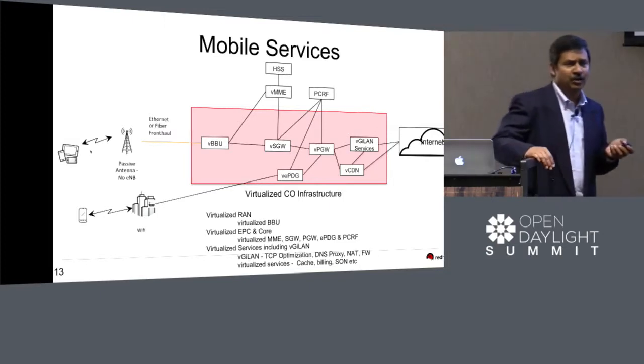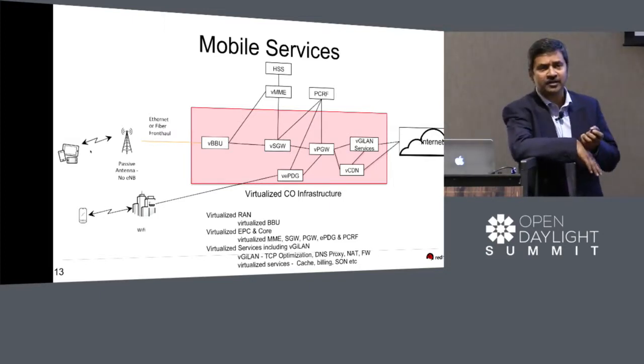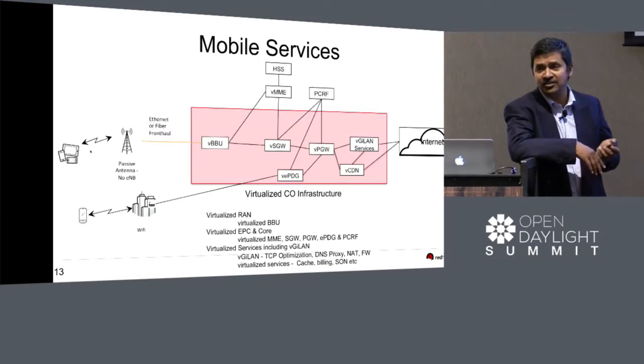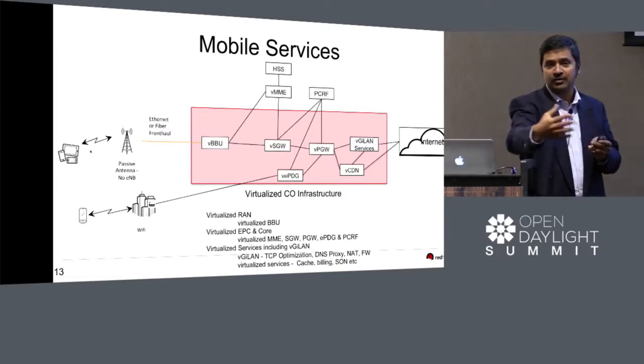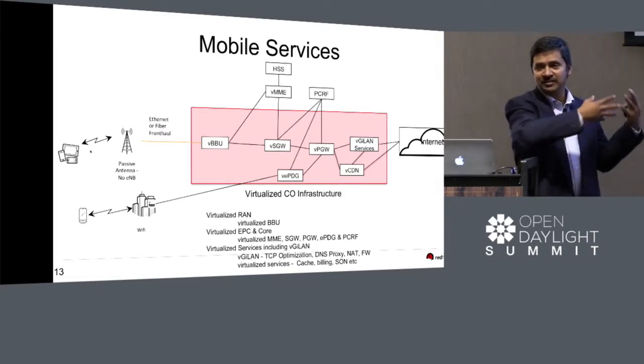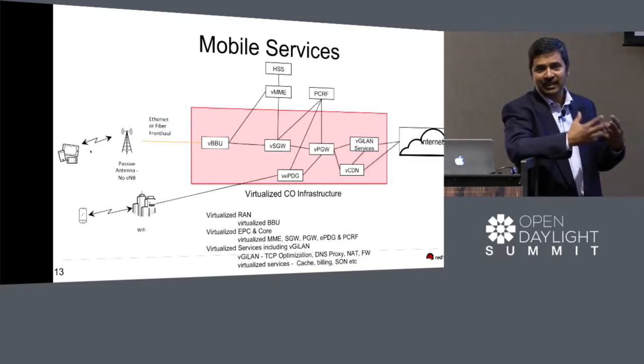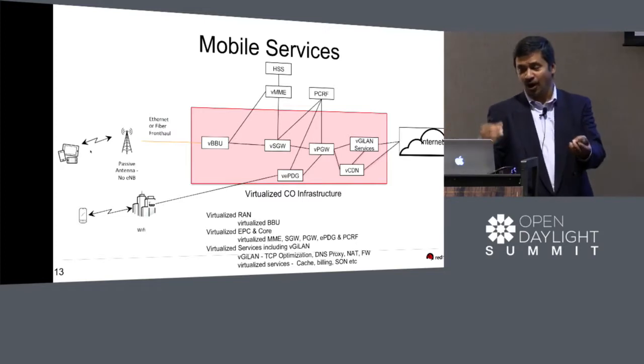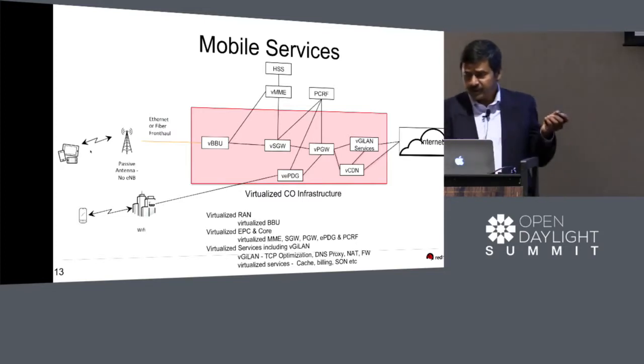Take the mobile context too. You have a bunch of gateways, whether they are SGWs, PGWs, or ePDGs. Some of these gateways sit closer to the user at the central office, and some may sit far away from the user. But they are part of that data path and data termination path. Hence you can virtualize them and place them in that central office so that it allows you to efficiently offload that traffic.